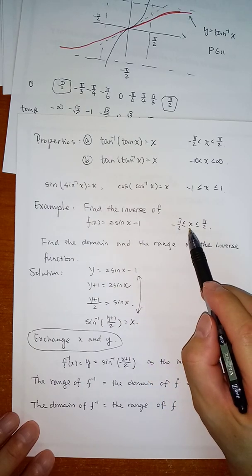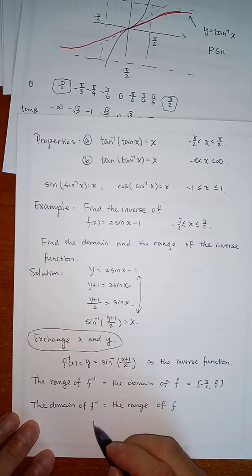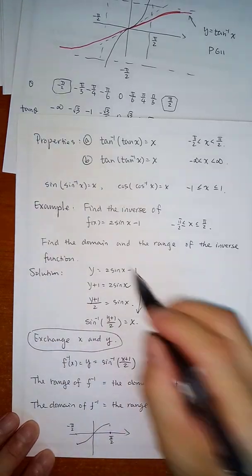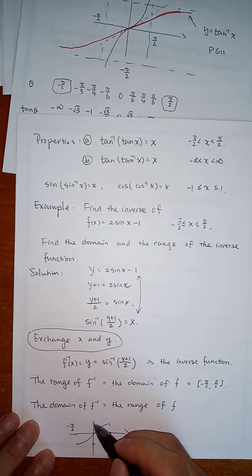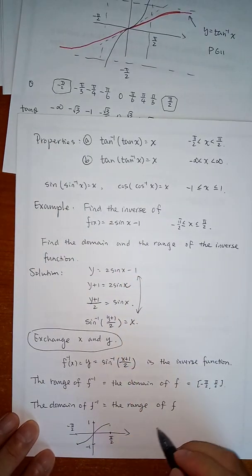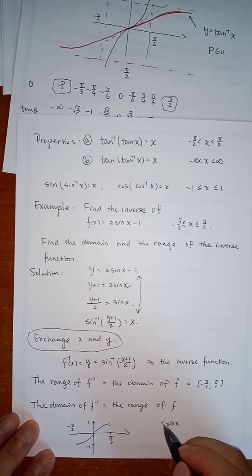X between negative pi over 2 to positive pi over 2. Sine x is between negative 1 and positive 1. 2 sine x is between negative 2 and positive 2. You just multiply it by 2.